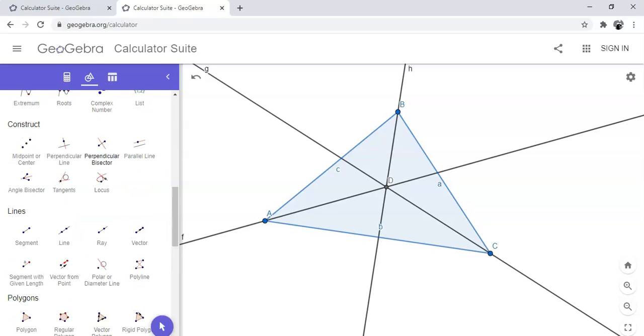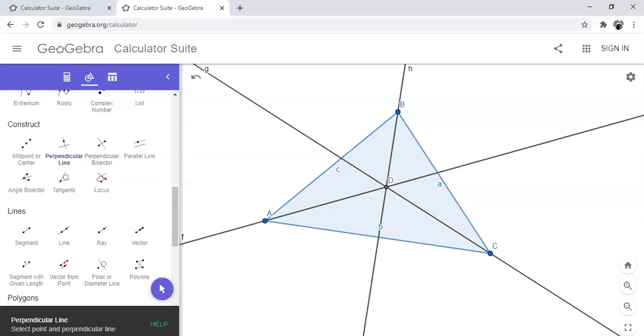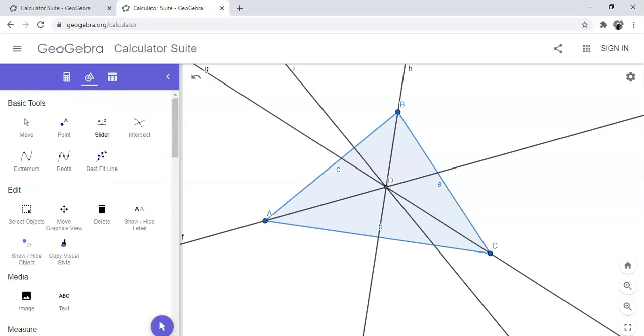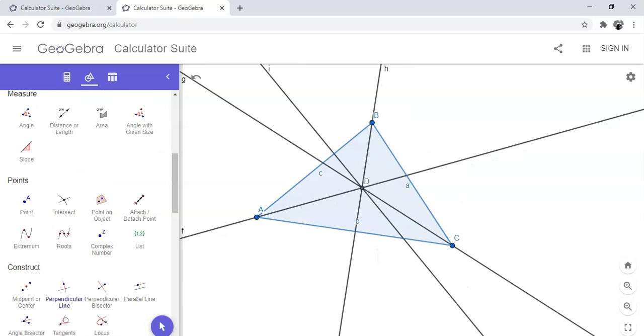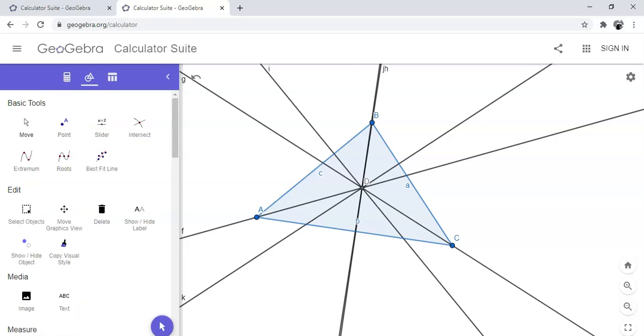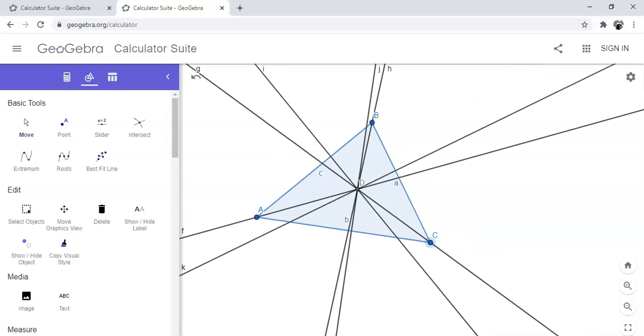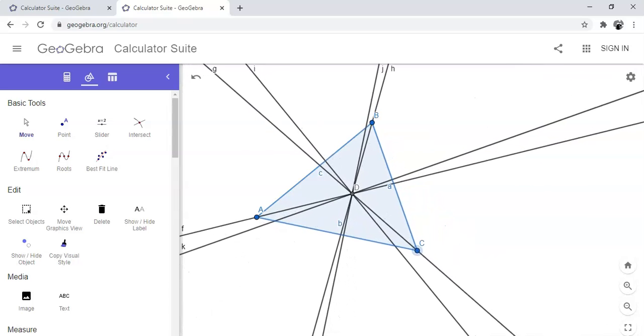So if I looked at the perpendicular line from C to D, and if I looked at the perpendicular line from D to AC, and if I look at the perpendicular line from BC to D. Like I mentioned, this gets a little bit messy, partially because some of the lines here are currently crossing each other.